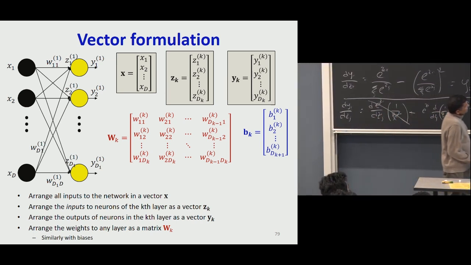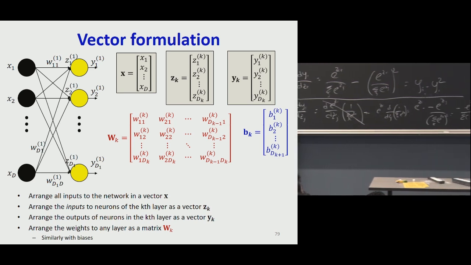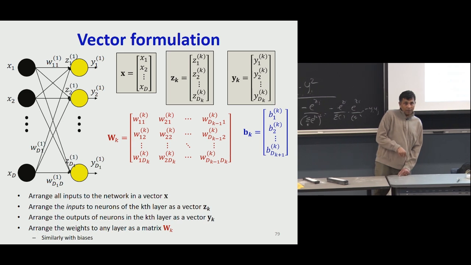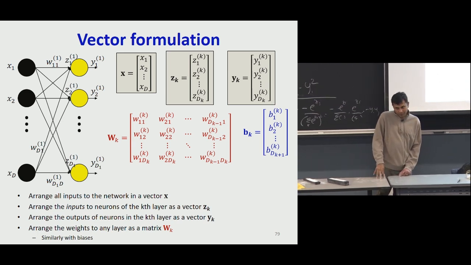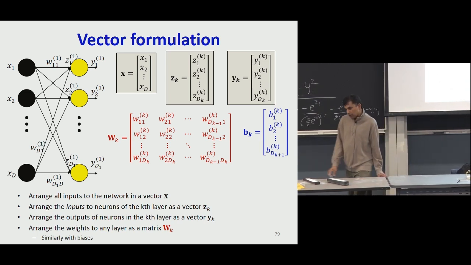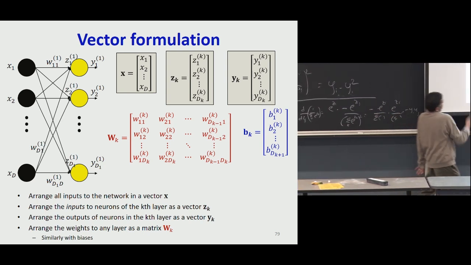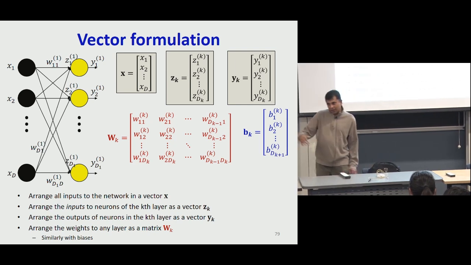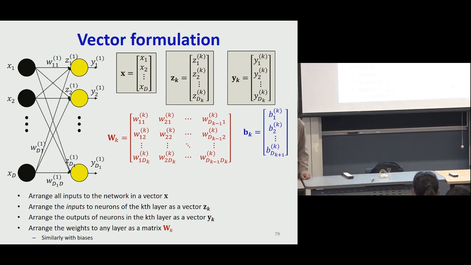Now I can write out all of the weights. I can write out the set of all outgoing weights from each neuron as a row vector. So over all of the neurons, in this case these are not really neurons, these are inputs, I'm going to have a row vector. I can stack them up and that becomes a weights matrix.